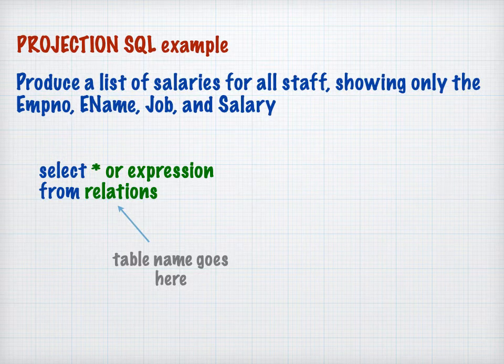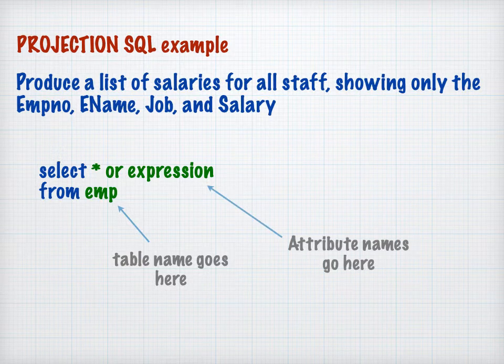So in this example we would look at those fields. We can see emp number, e-name, job and salary, and we look at the tables and we go, oh yeah, those are in the emp table. So we simply write the emp table in that gap, like that. So the table name goes after the from. On the top line, we write a star, or we write an expression which consists of various column names, various attributes being used in a certain way. So the attributes go at the top.